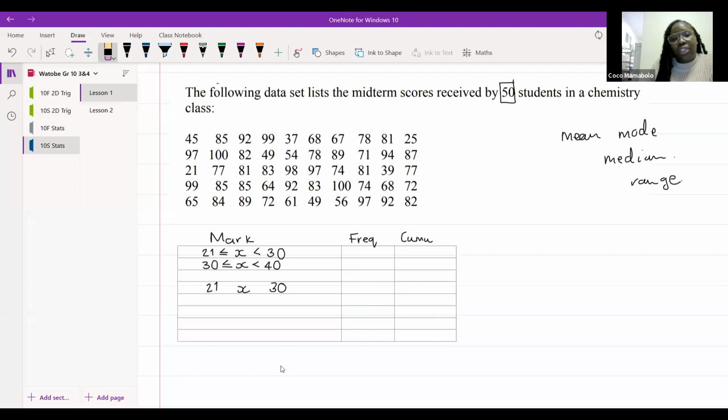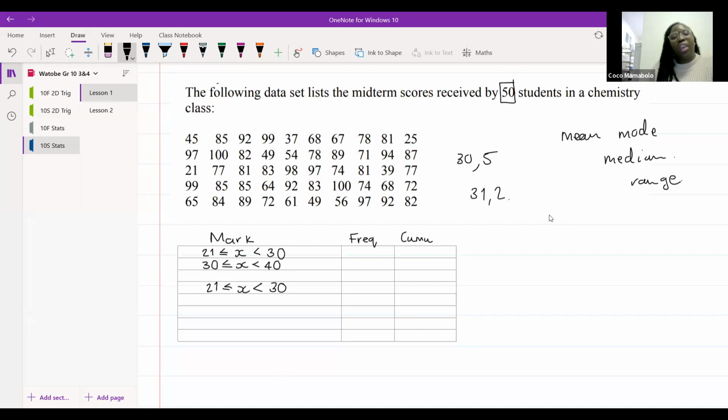So now we have to decide whether we're going to include and exclude. The reason why we choose the less than or equal to or the less than sign is what happens, Mara, when we have values like this. If we have values like 30,5 and we have values like 31,2.